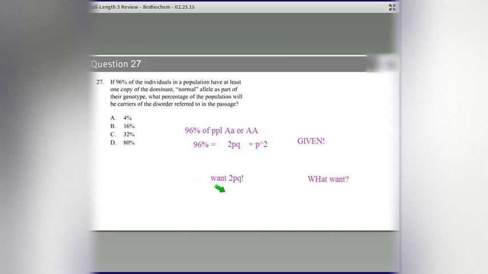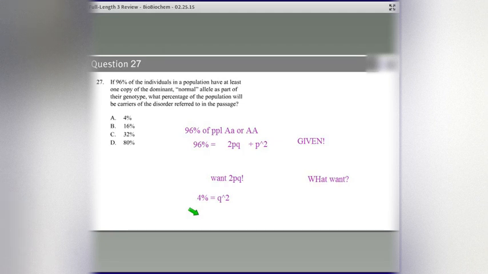So we say, like you were saying, if 96% is equal to 2pq plus q squared, then 4% must be equal to your q squared. So 4% is equal to your q squared. Be careful here. What must your q be equal to? I want you to think about that.